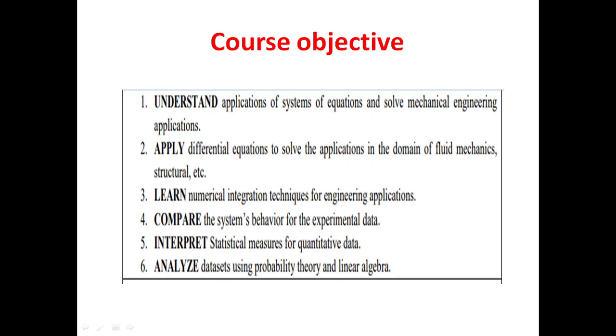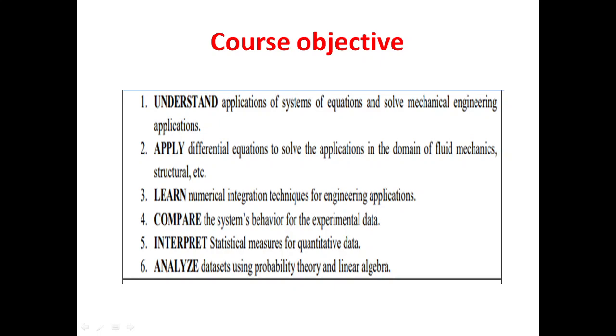Then next is to interpret the statistical measures for quantitative data. For example, suppose I tell you to go to the workshop and check the temperature of each lathe machine while it is working. At that time you will get lots of data.